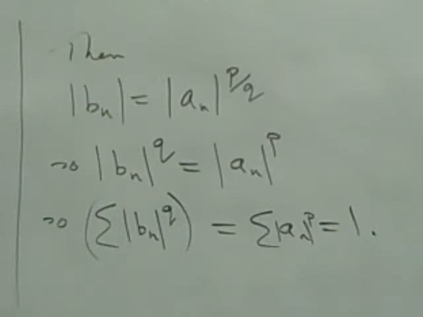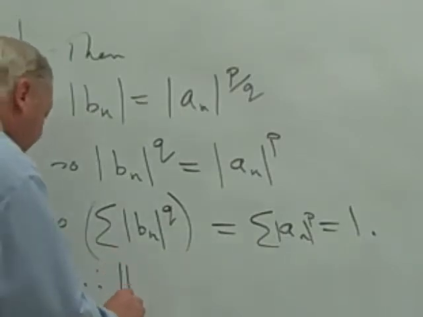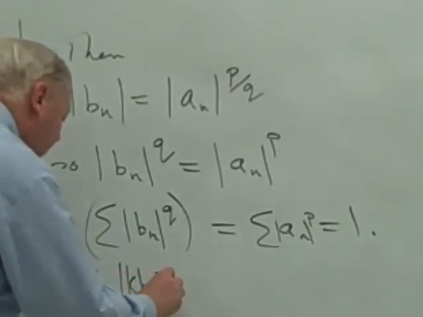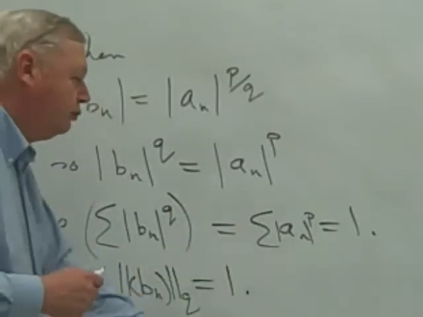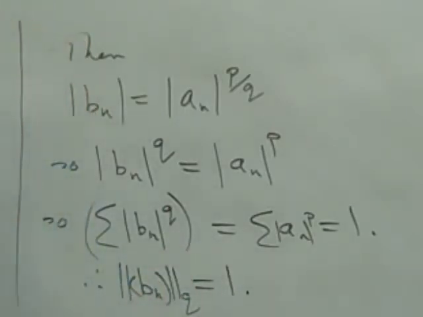Now, because it came out to be 1, I can take the qth root, and I find that the q norm of the b_n's is equal to 1. So this is a useful trick for converting a sequence in one L^p space into a sequence that's in another one. I can just scale the powers here to make it summable in some other space.